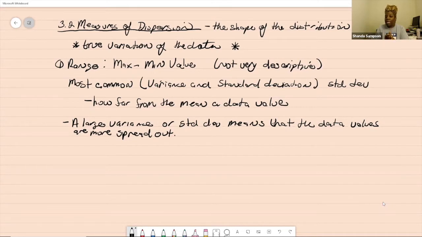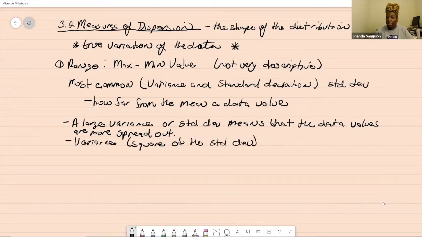If your mean is in the middle and you have more data away from your mean, then your standard deviation and your variance are going to be larger, because those numbers are going to be further away from the mean. Vice versa. If your standard deviation or variance is small, that means that your data points are closer to the mean.